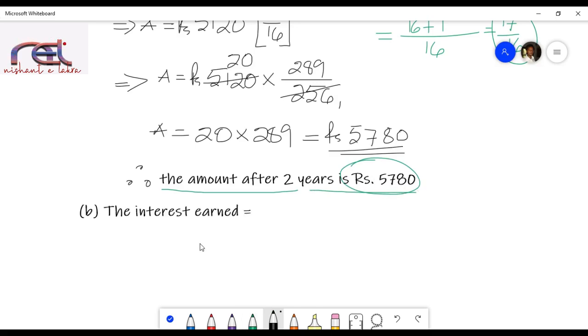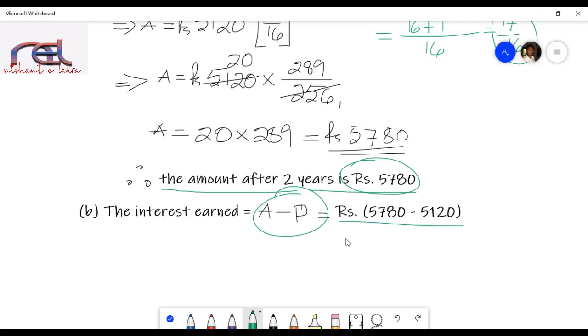There is a second question in this. We also have to find the interest earned, and I hope you remember the formula to find interest, right? Amount minus principal. We have found the amount, so we'll just replace the values. 5780 is the amount, minus the principal that is given in the question is 5120.